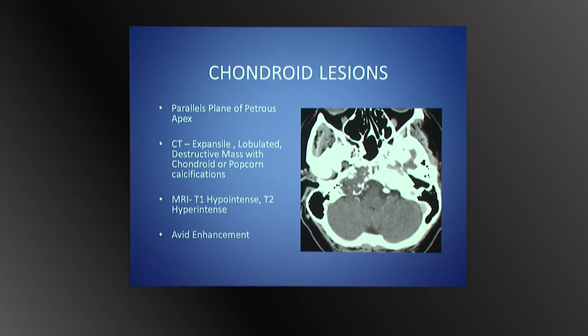As far as imaging, the hallmark differentiator here is going to be the chondroid type calcification, but there are a few other entities. So it parallels the plane of the Petrous apex. It's an expansile lobulated destructive mass with chondroid or popcorn type calcification. It's low signal intensity on T1, but it is markedly hyperintense. So it's very bright on T2, and they enhance considerably.